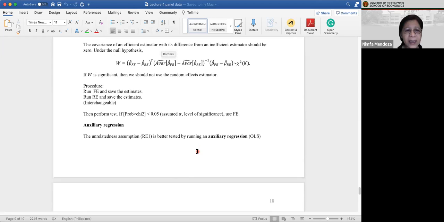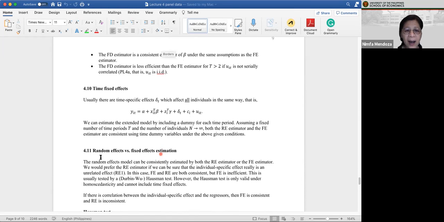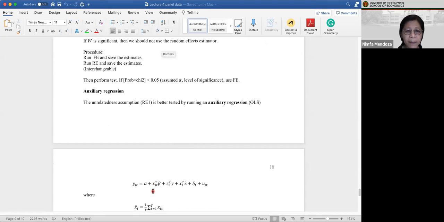Another test you can use, basically for choosing between random effects or fixed effects estimation, tests whether C sub i is uncorrelated with the time varying regressors, that is RE1.